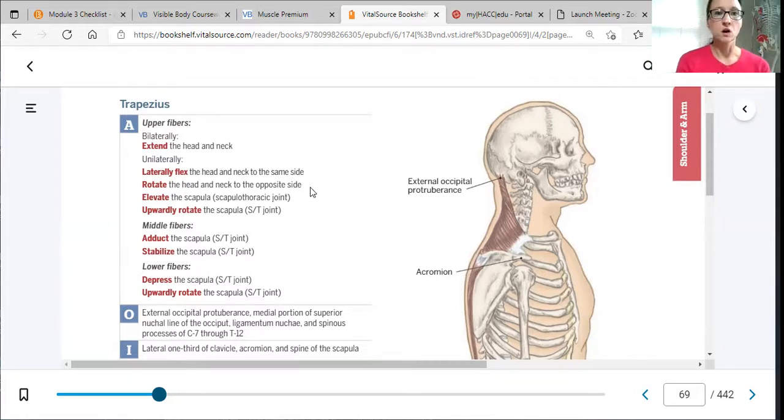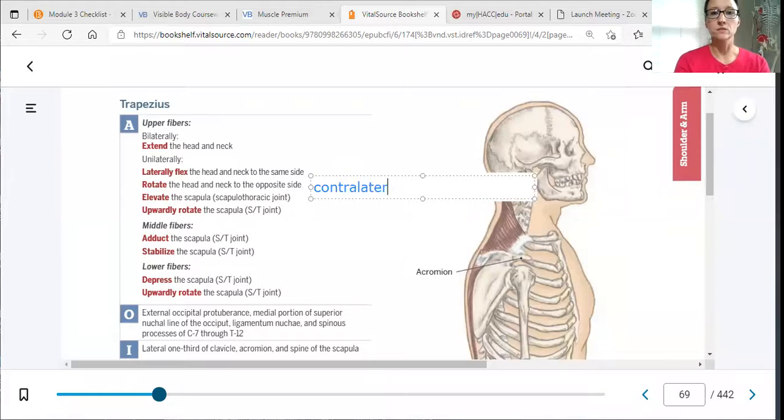And this is called contralateral rotation. Rotation to the opposite side. You may use either term. You may use rotation of the head and neck to the opposite side, or you may use contralateral rotation. You need to know both, okay?